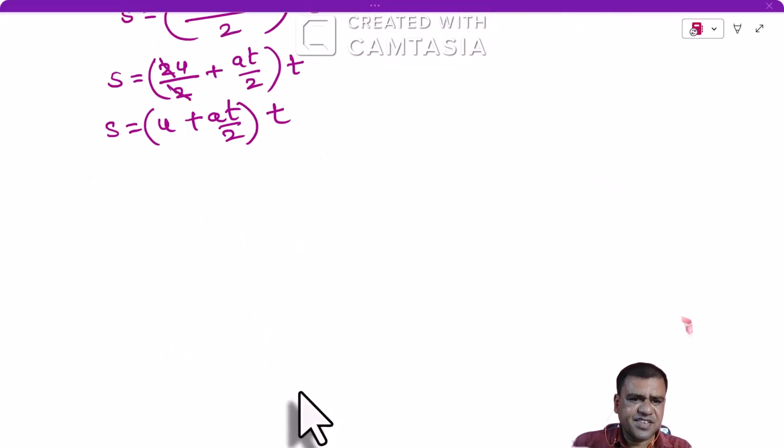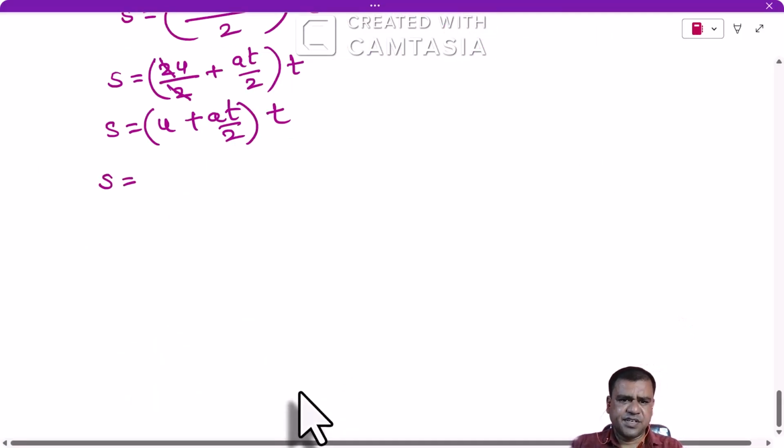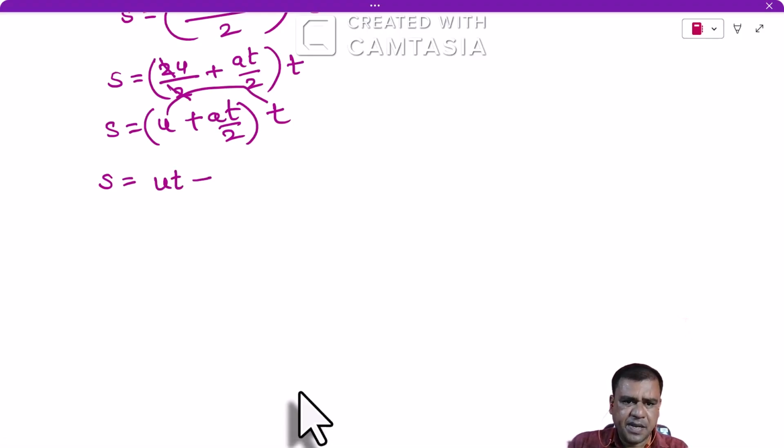Now this s can be written as u into t, that is ut, plus a into t into this t, that is at square by 2. Now we get s equals ut plus at square by 2.